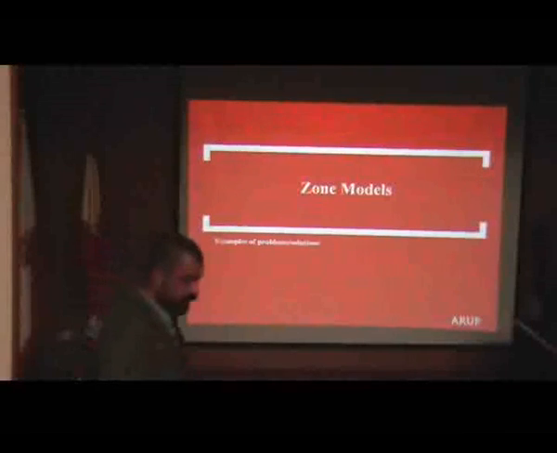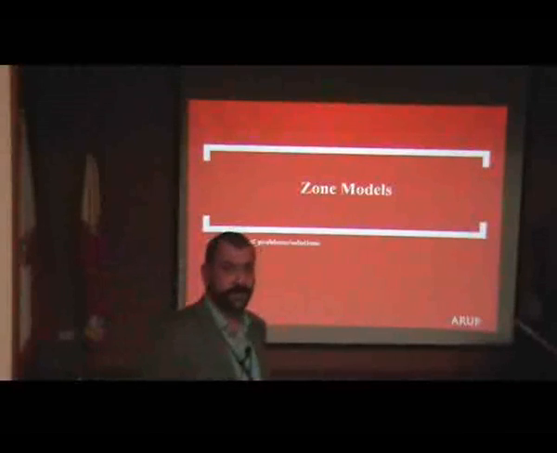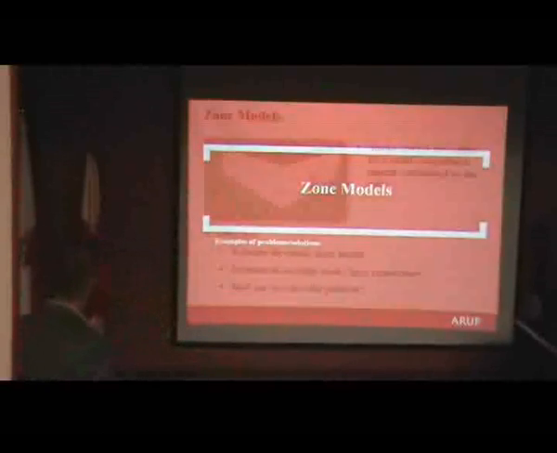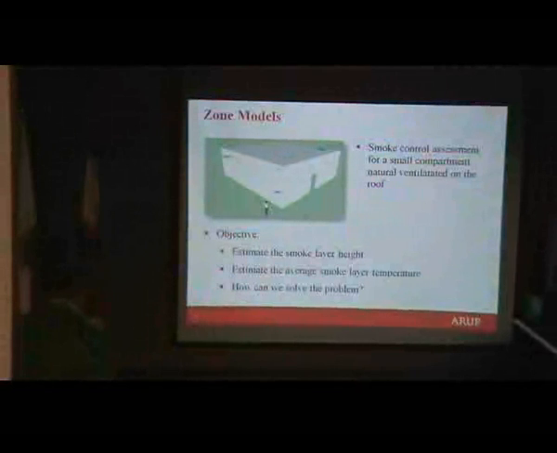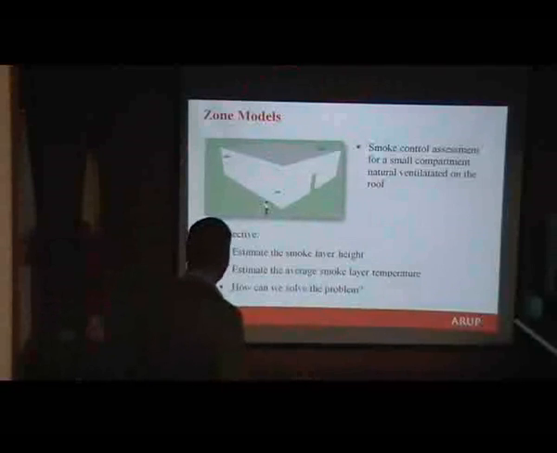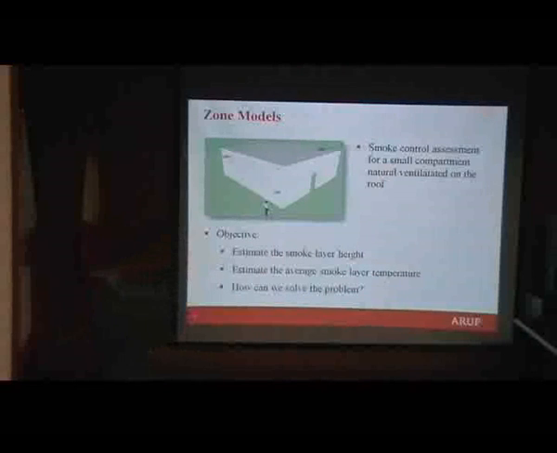And then the next step in complexity is the zone model. And I'm going to show you another example. Imagine, for example, you have a quite small enclosure in which you have natural ventilation on the top, and what you need to estimate is just the smoke layer height and the average smoke layer temperature.